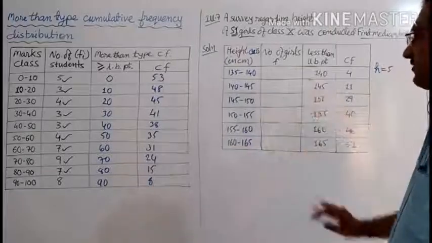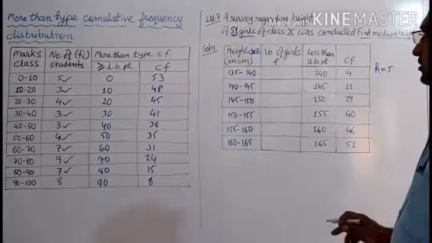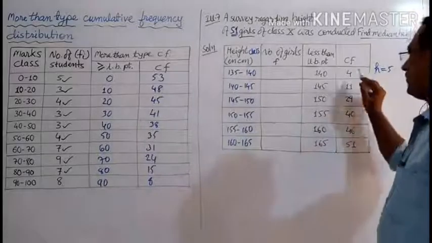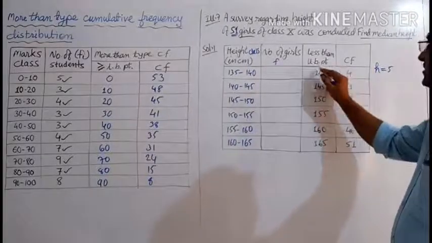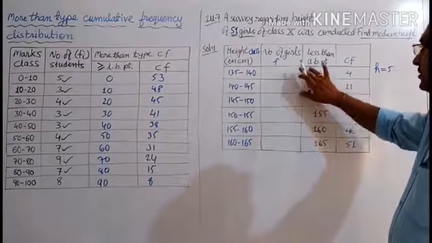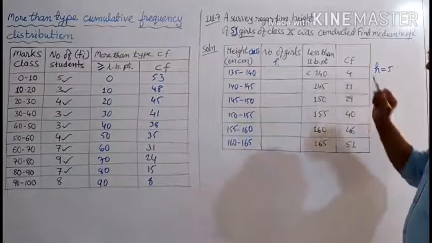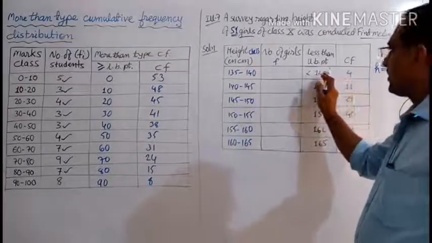Now we have to find the frequency also, because we need the model class and its frequency. First of all, less than 140 means girls having height less than 140 centimeter. There are 4 girls having height less than 140.